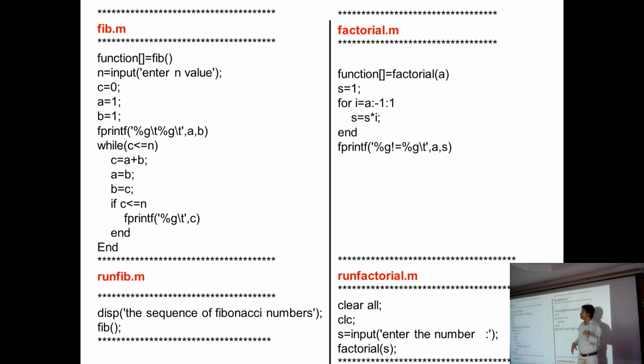What I did, I used the same function, factorial, and I sent one argument called a. Now look at run factorial. s is equal to input of enter the number.